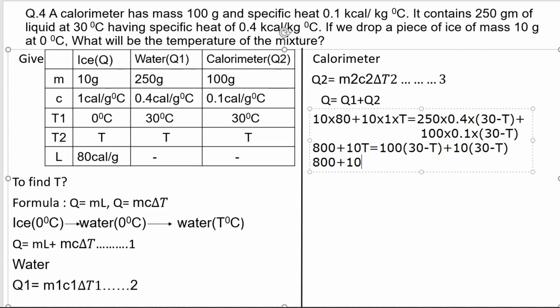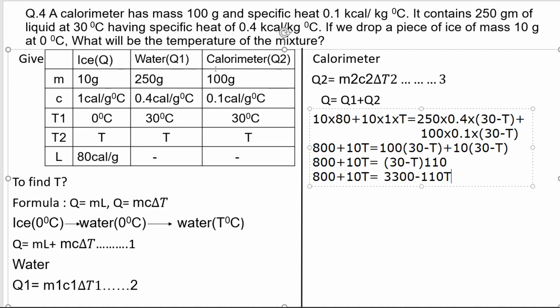That is 800 plus 10T is equal to 30 minus T into what is remaining, 100 plus 10, that is 110. Now open the bracket. 800 plus 10T is equal to 30 into 110, that is 11 into 3 is 33, then 2 zeros, minus 110T.